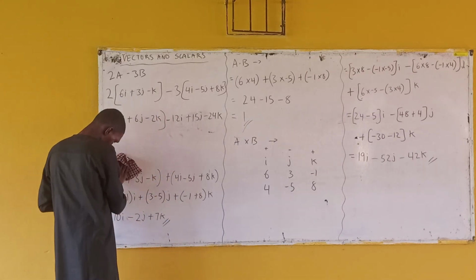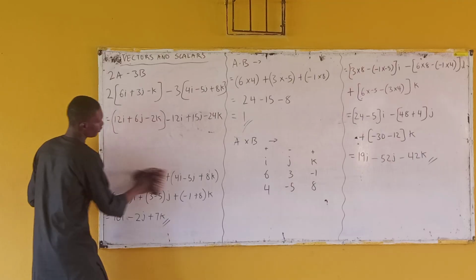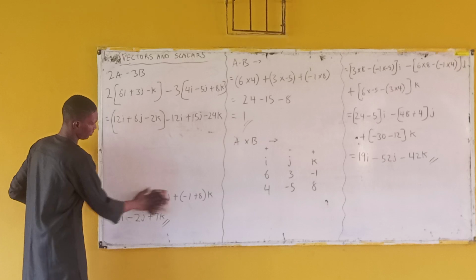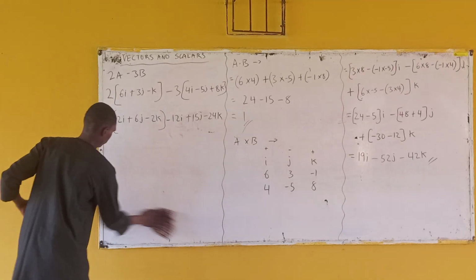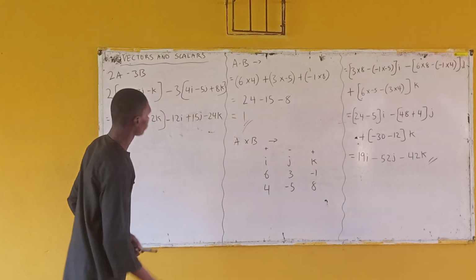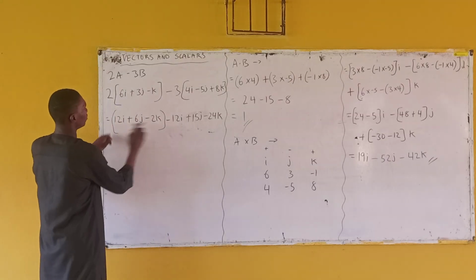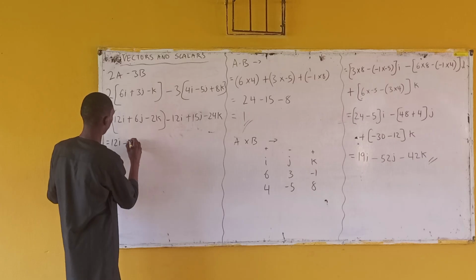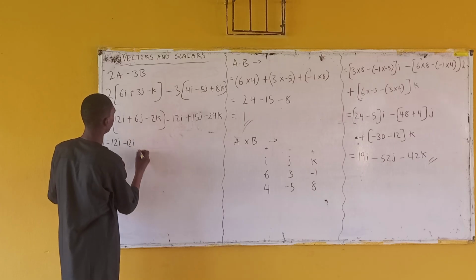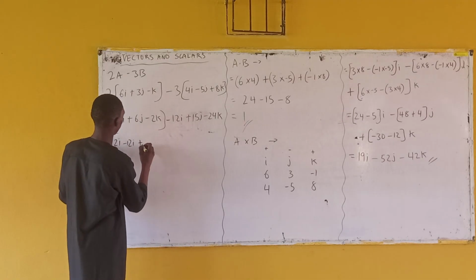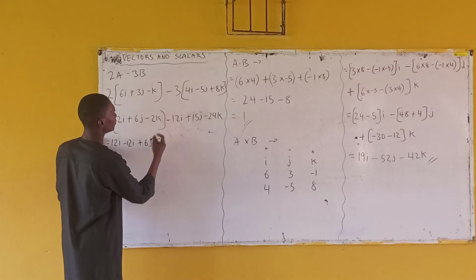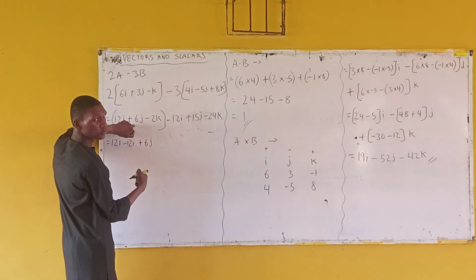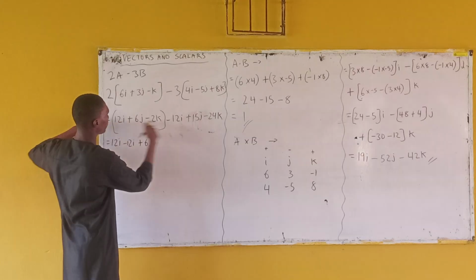So what do you have? We bring it out again. 12i minus 12i, then plus 6j plus 15j.